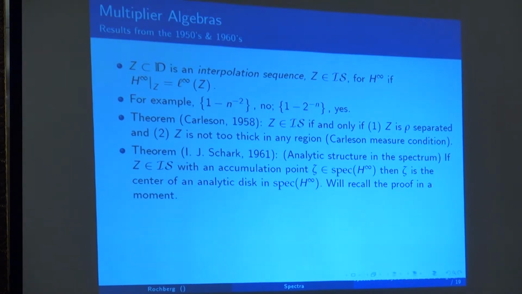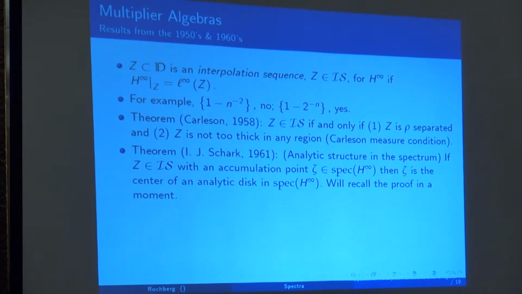And it's a theorem of I.J. Shark, 1961, that if you take an interpolating sequence, a sequence in the disk, it lives inside the maximal ideal space by this natural map. It's a sequence inside the maximal ideal space, which is a compact Hausdorff space. There are going to be accumulation points.